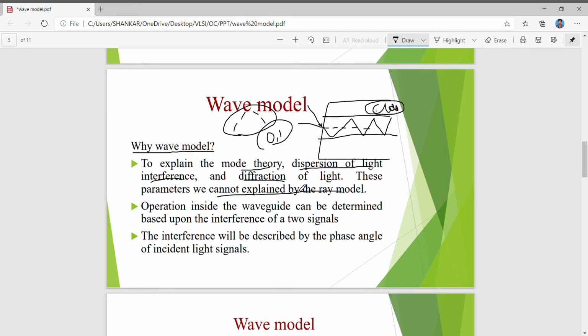With the ray model we can only find the total internal reflection and numerical aperture, but the parameters of dispersion, interference of signal, and diffraction of light cannot be explained by the ray model.